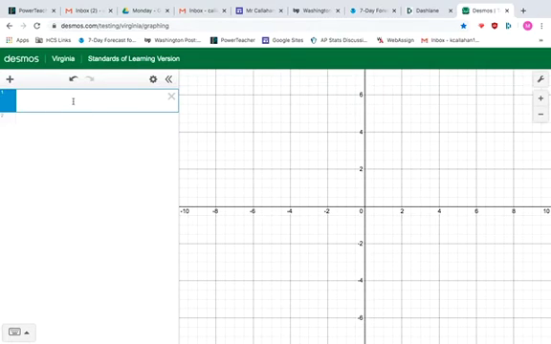I'm not even 100% sure where this is going to go, but we're starting with 3, and then we're multiplying times 2 on every step, right? How about this? We're going to go 3 times 2 raised to the n.